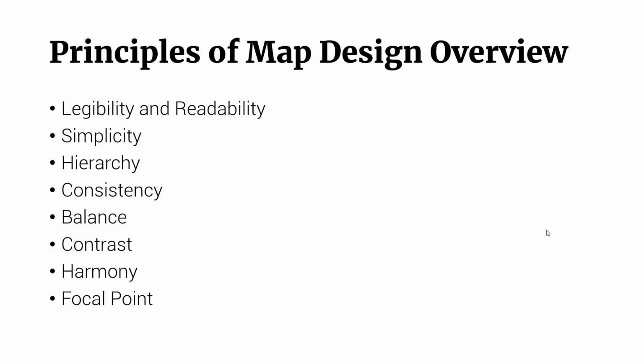Okay? You also have here the harmony, achieving a unified and cohesive look by integrating various design elements, employing a color palette that complements the overall theme of the map. So, for example, you are using a palette of orange, for example, from darker red to lighter red. So, that's harmony.